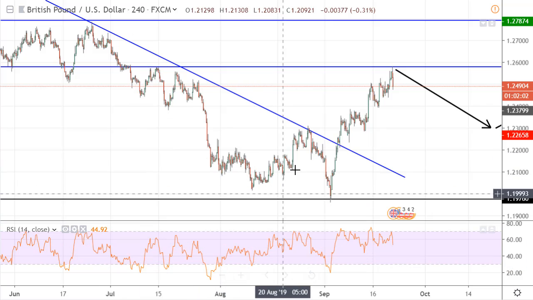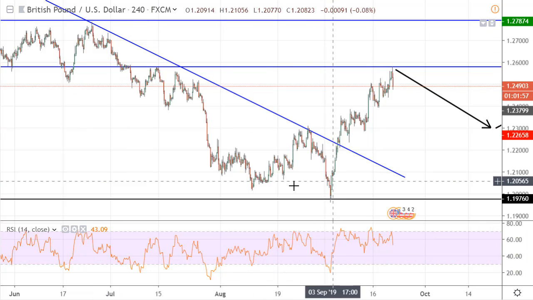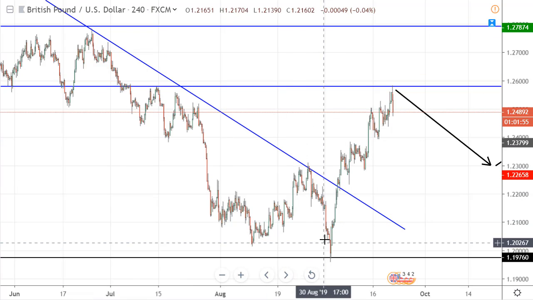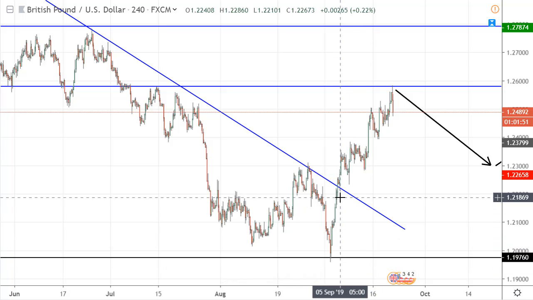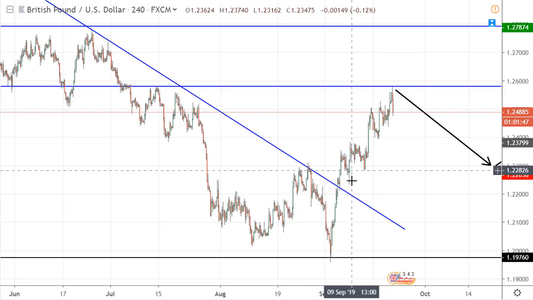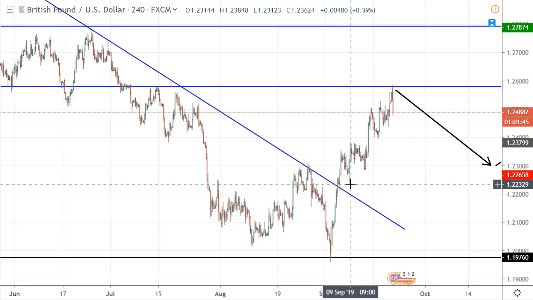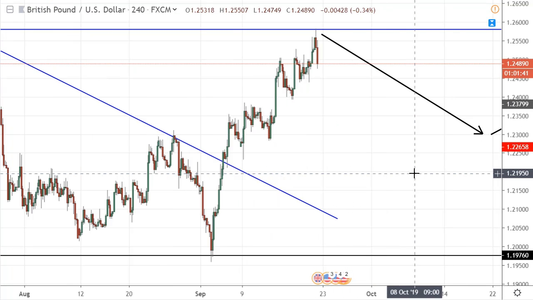That's this one. Then we have another. No, divergence doesn't really add up over here, so let's forget that. But this pin bar gives us information. These huge green moves give us information, and the break of this trend line, and a certain retest level over here, gives us an interesting entry.